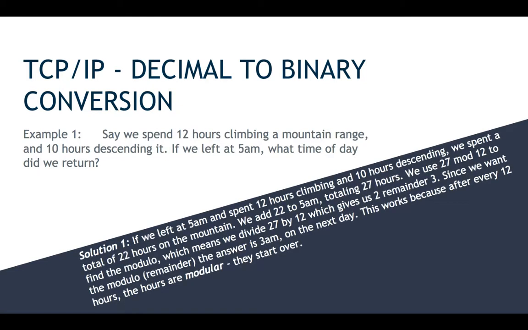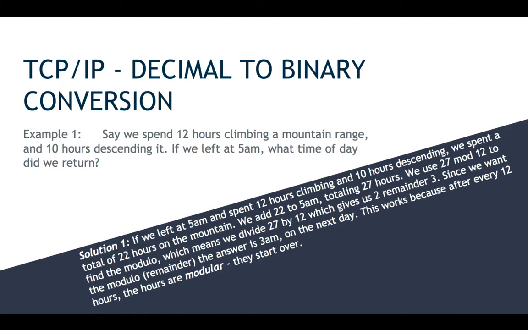So the solution is, if we left at 5 a.m. and spent 12 hours climbing and 10 hours descending, we spent a total of 22 hours on the mountain. So if we add 22 to 5 a.m., we total 27 hours. Actually, it can't be 27 o'clock, so we have to use the modulus 12, because there's only 12 hours in a portion of the day.